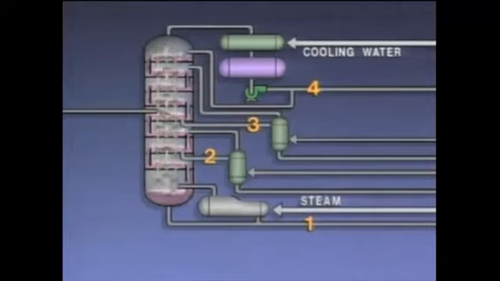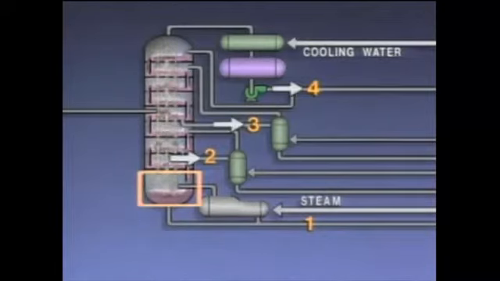The temperature at each draw-off point is important for the proper separation of the products. For example, the temperature is the highest at the bottom of the tower, where product 1 is drawn off. Here, the temperature is hot enough to vaporize the components that become products 2, 3, and 4. But it is controlled to minimize the amount of product 1 that vaporizes.